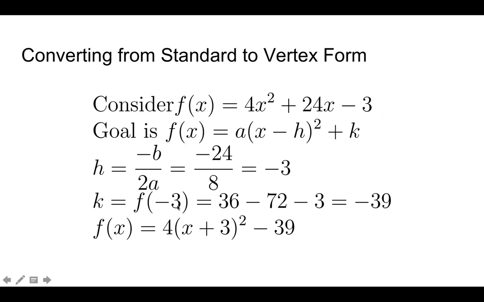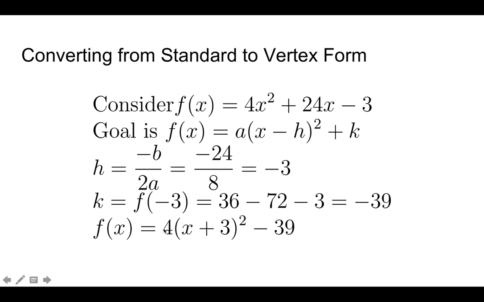So k is f of h, f of negative 3. So negative 3 squared would be 9 times 4 is 36. 24 times negative 3 would be negative 72, minus 3. We get negative 39.